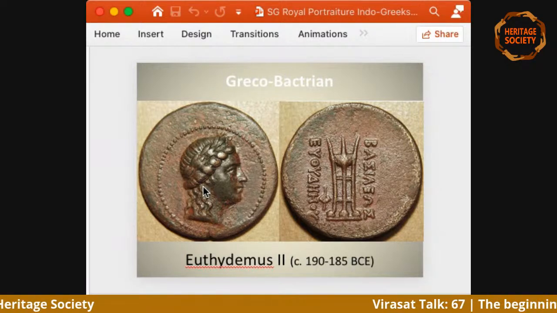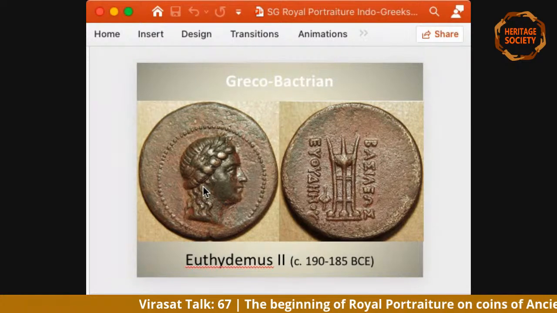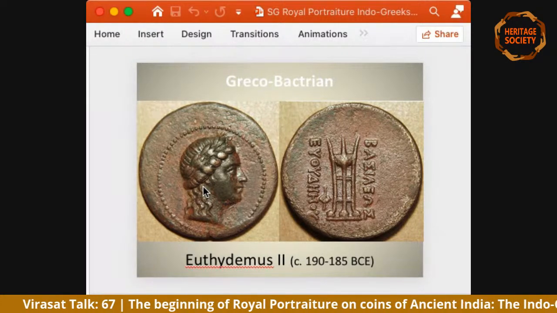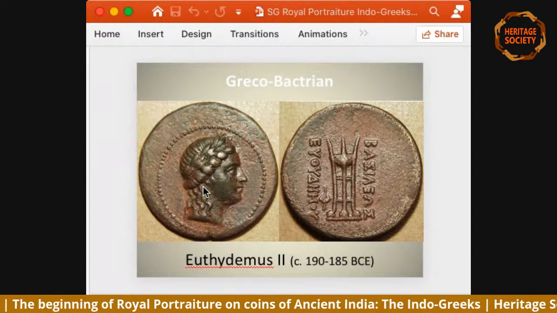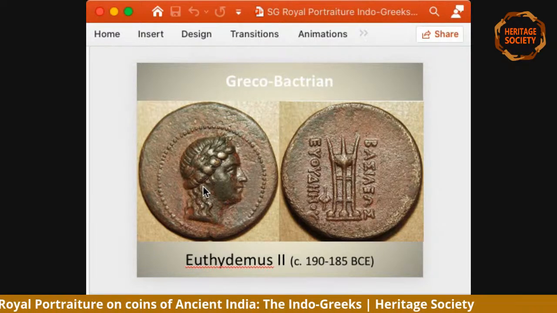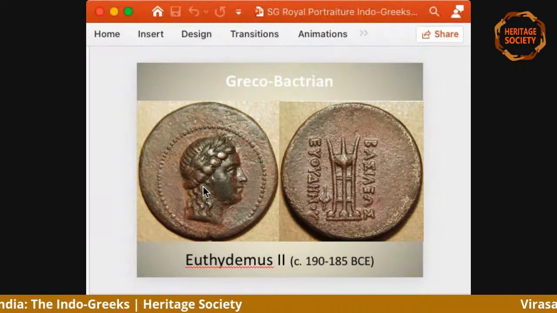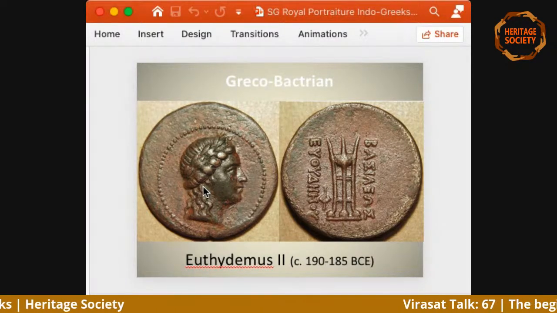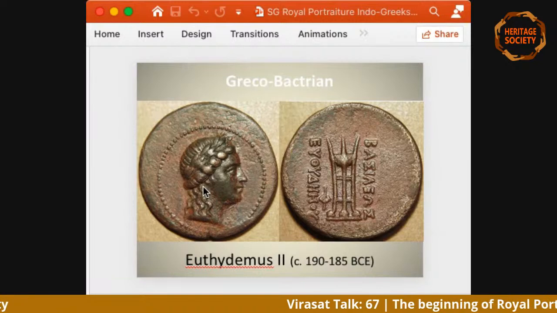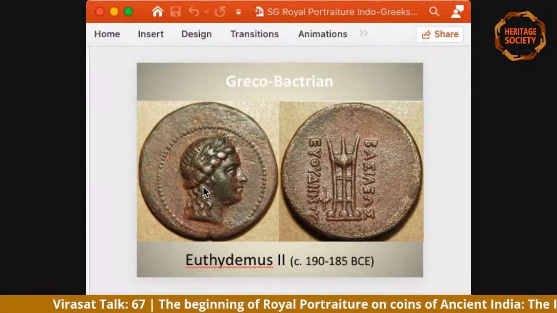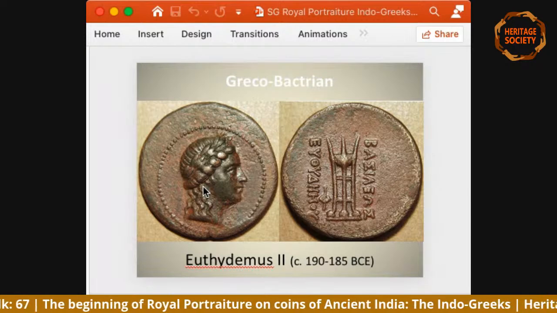And this is the point which I made right in the beginning, that sometimes the distinction is so thin that it is very difficult to identify which is the portrait of the ruler. And it was not without intention. I think it was deliberate, so as to show the status of the ruler as next to the divinity.